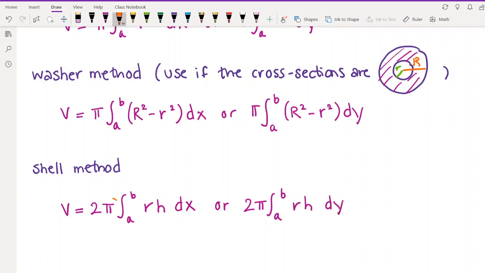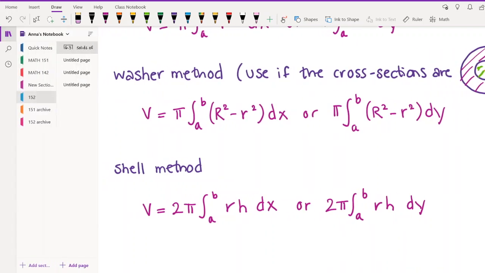Well, 2 pi times the radius times the height, that's going to give you the surface area of a cylinder, because 2 pi r is the circumference, and then you multiply that by the height, and that gives you the outside area of a cylinder. And then if you multiply that by dx, that adds in the thickness, and so you're adding up all these volumes of these cylinders.